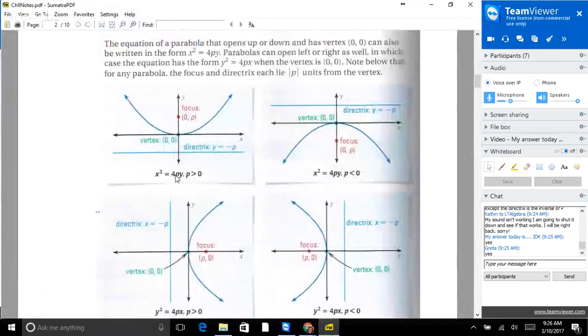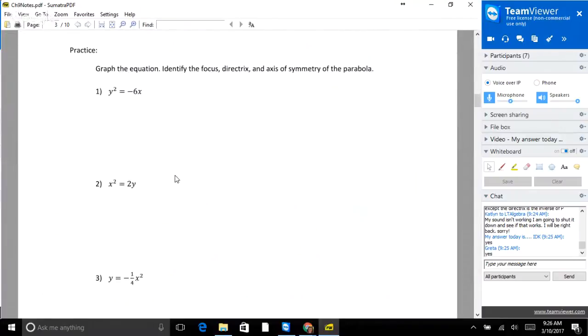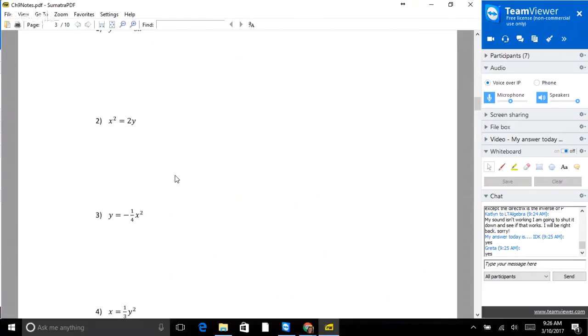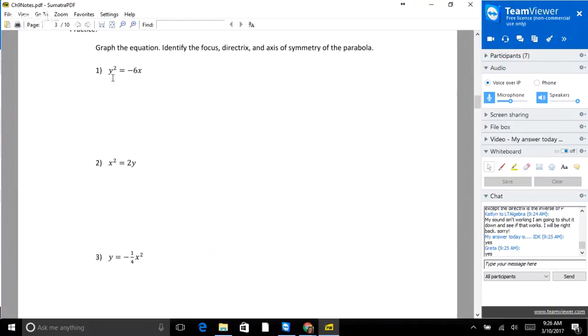Okay, so let's look at these example problems. I think we did number 1 in class, but I can't remember. Did we do number 1?